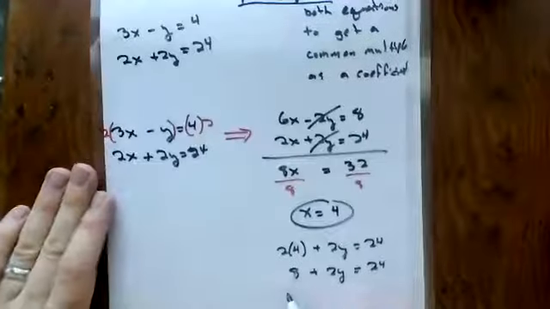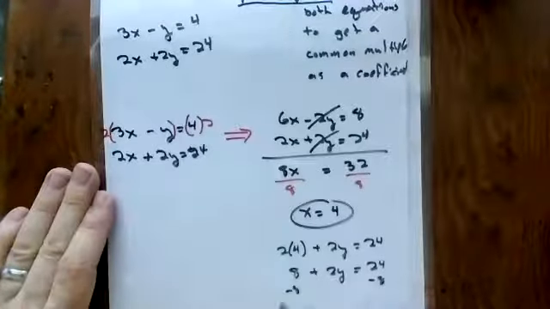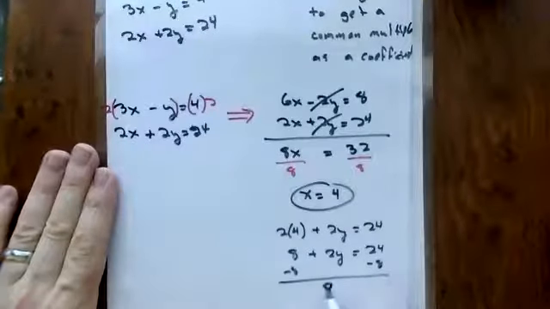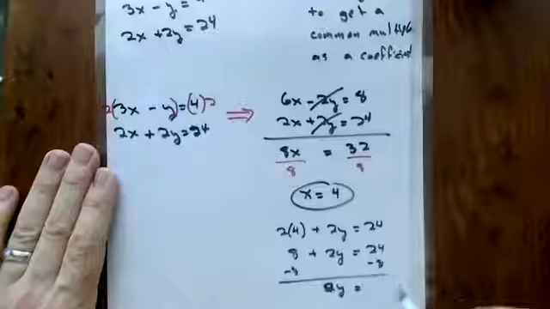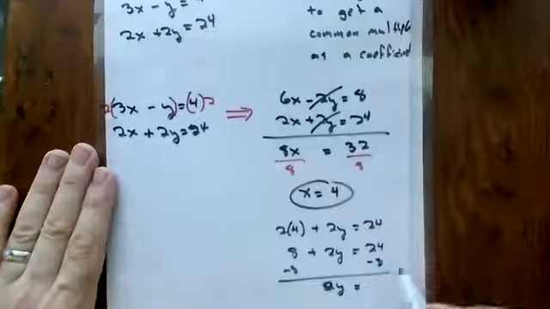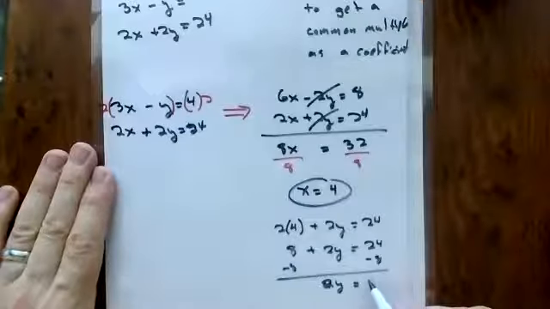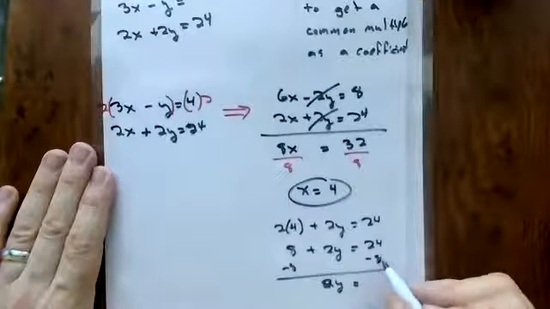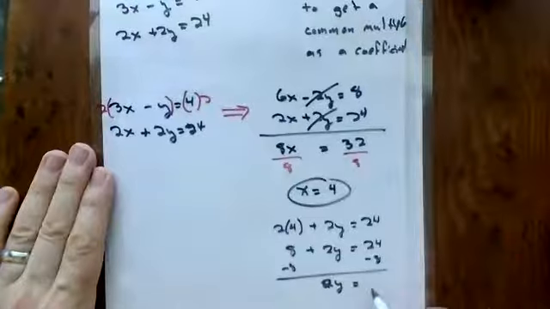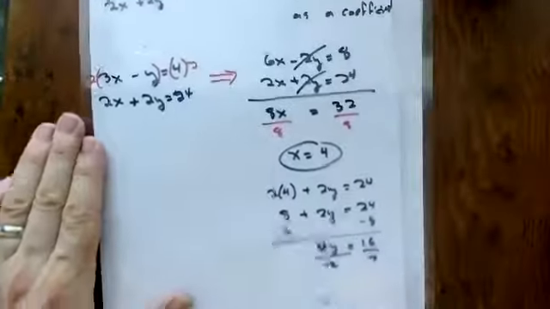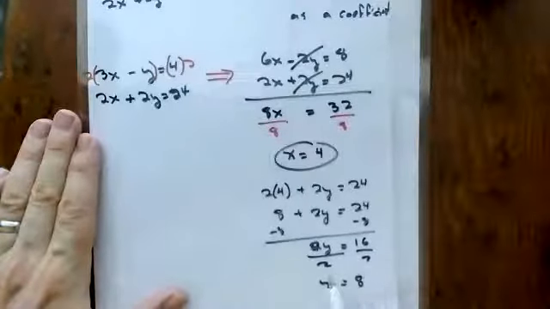I'm going to subtract 8 from both sides. So I've got 2y is equal to, what's it going to be, 16? Yeah, 16. I divide both sides by 2, and I've got y is equal to 8.